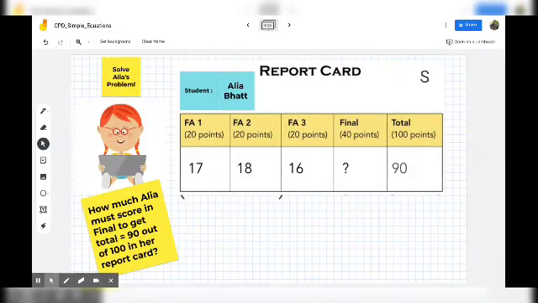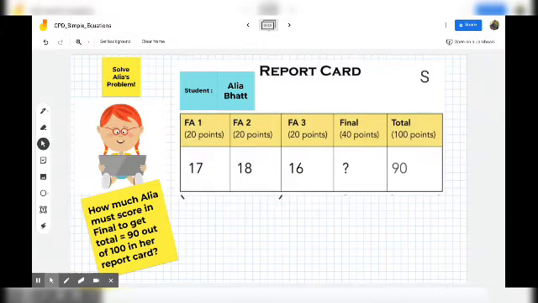Let's solve Alia's problem. This is Alia's expected report card. She has scored 17, 18, and 16 in her 3 FA tests, each out of 20, as shown here. Alia dreams of getting 90 out of total 100 marks to make her parents happy. How much Alia must score in her final exam, that is out of 40, to achieve her dream?